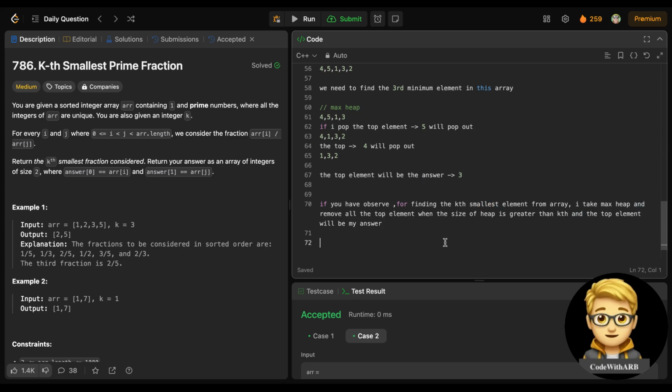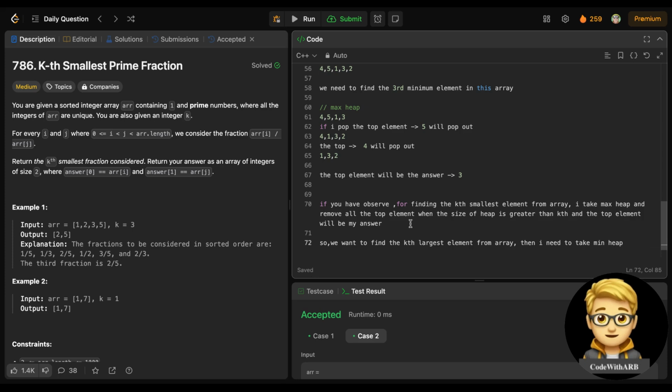So the vice versa will also be true, right? If we want to find the kth largest element from an array, then what do I need to take? I need to take a min heap, and the procedure will be the same.